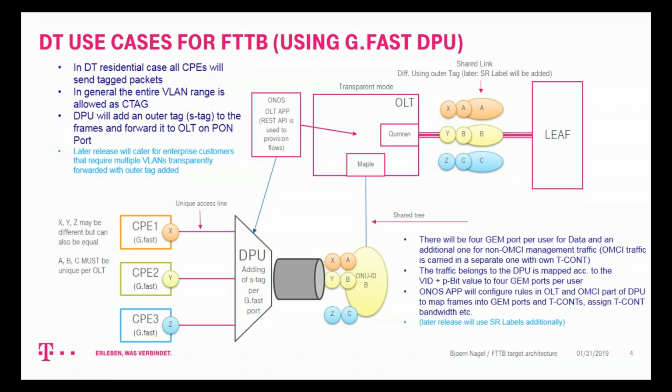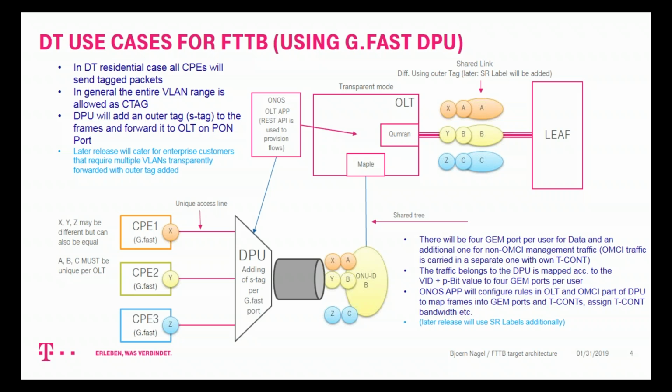On this picture, we have on the lower left side the customer with a CPE 123 and with a customer tag XYZ, and that is an upstream transfer to the G.fast port of the DPU. The DPU has to handle the XYZ transparently, as I mentioned, and add the ABC.